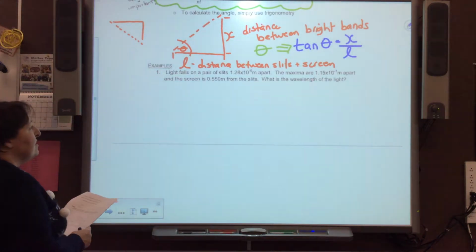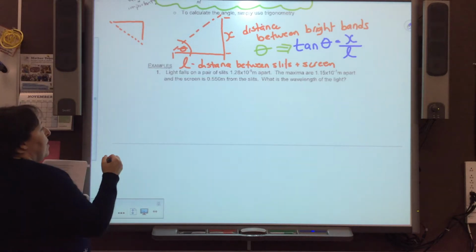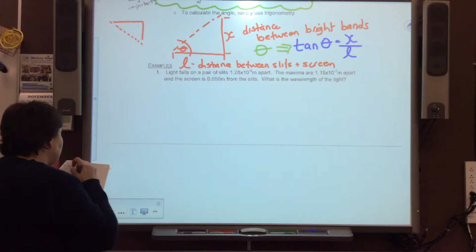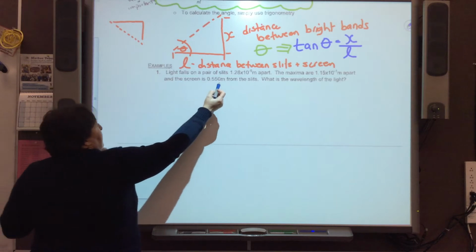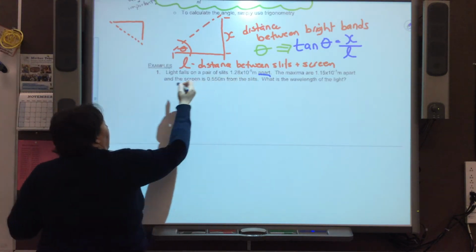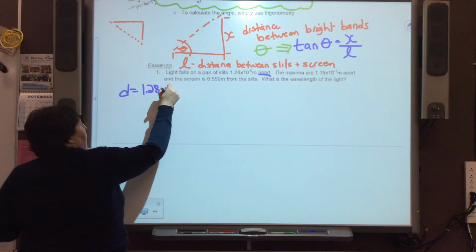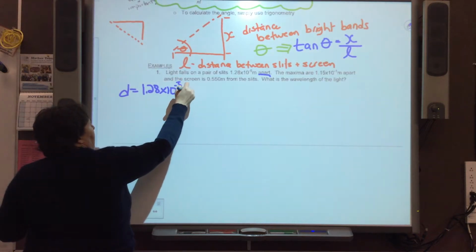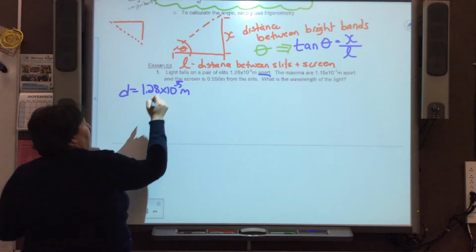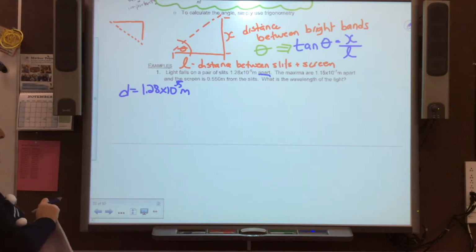So light falls on a pair of slits, 1.28 times 10 to the negative 5, so this here apart. Okay? The maxima.